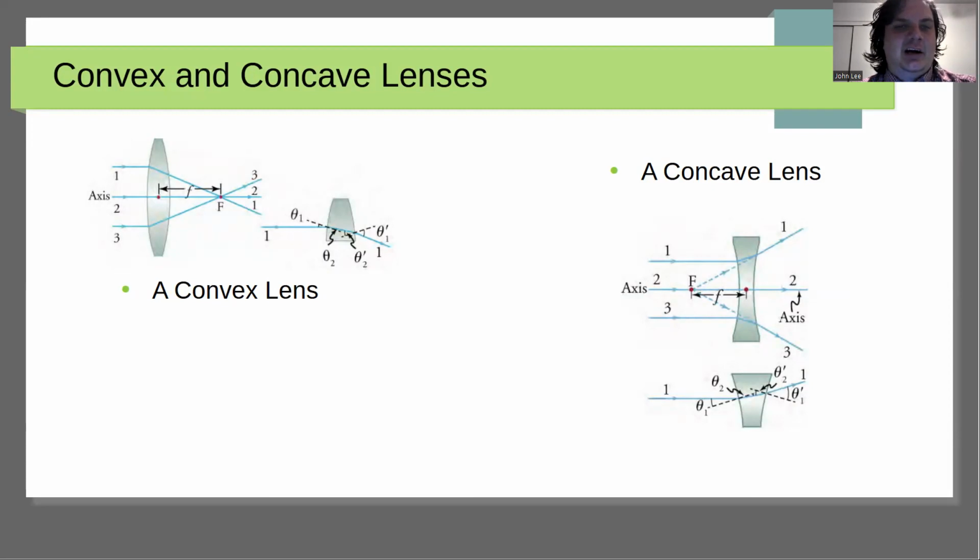It's convex and concave lenses, where there are lenses which are set up to bend light towards a focal point on the other side of the lens, like we saw with mirrors. So they are basically parabolas or spheres as well.